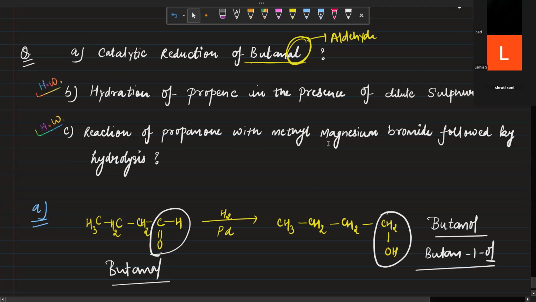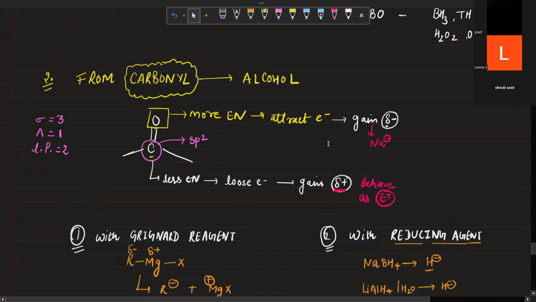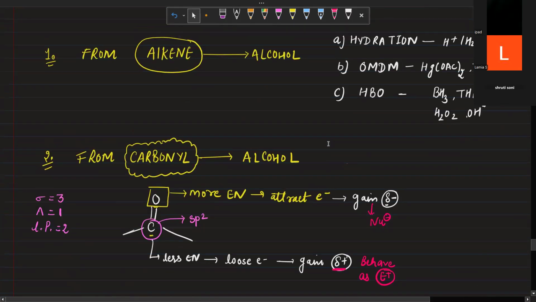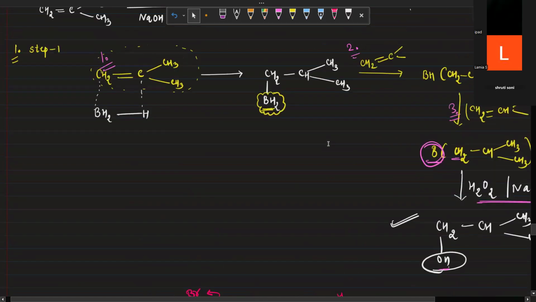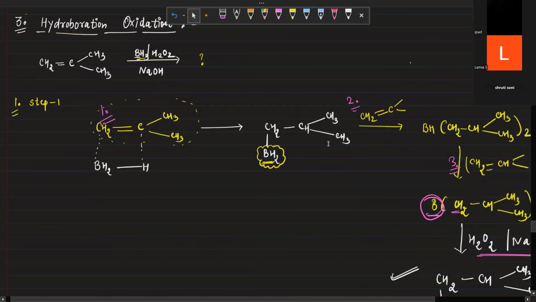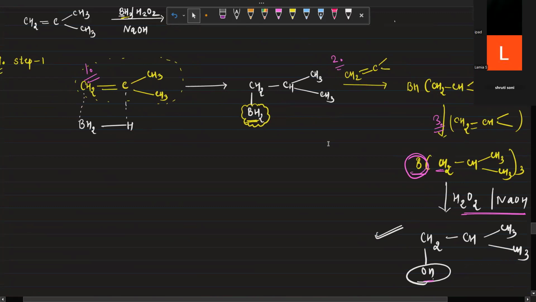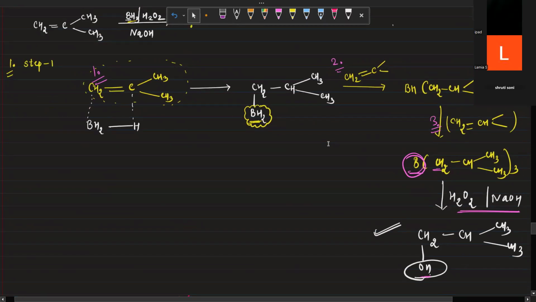You can ask. Do you have any doubt in that reaction? For hydroboration, I already mentioned, I think it's just really long and complicated. I need to go over it a few times. Yes, it's a little bit complicated. You need to revise this part again and again.